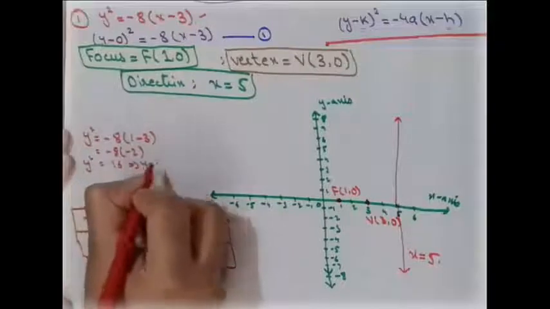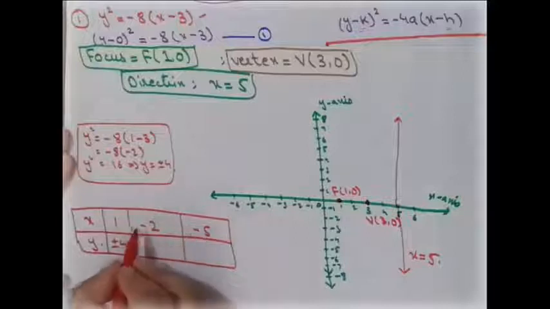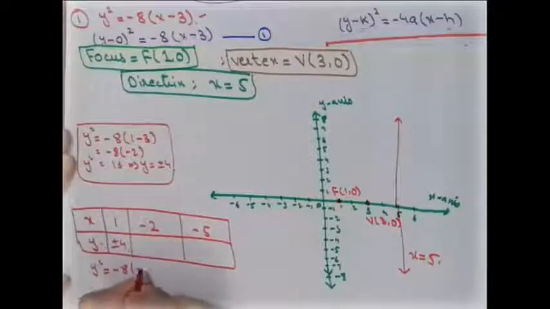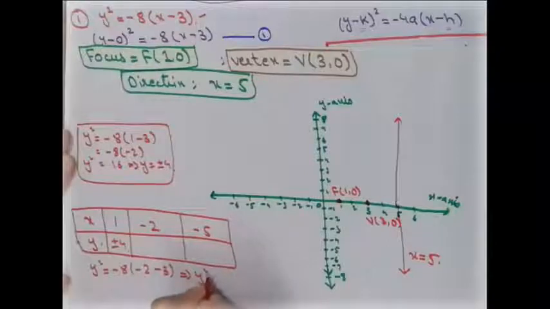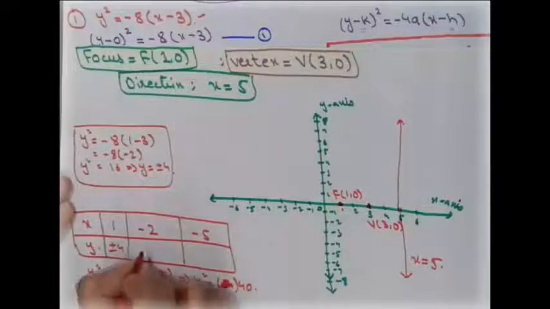So the value of y is plus or minus 4. If I put the value of minus 2 in the first equation, y squared equals minus 8 times (minus 2 minus 3). After solving this it will be 40, and the value of y is plus or minus 6.3.